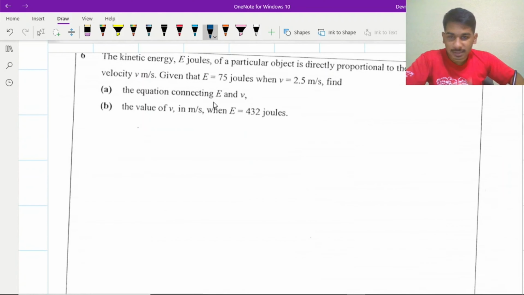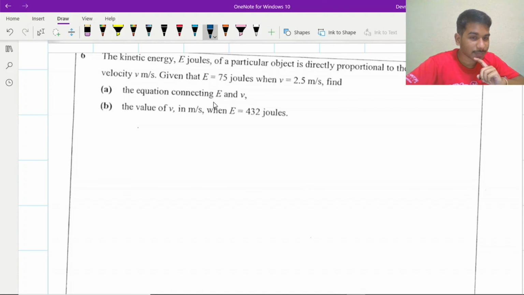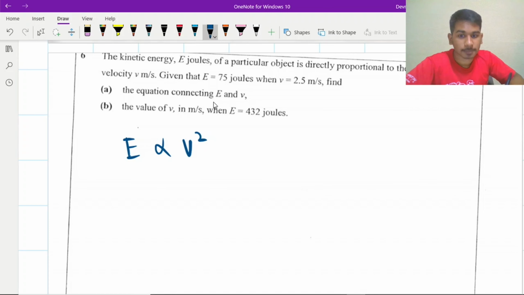The kinetic energy in joules of a particular object is directly proportional to the square of the velocity. So we're saying that the energy is proportional to velocity square. Given that E is equal to 75 and V is equal to 2.5, find the equation connecting these two.